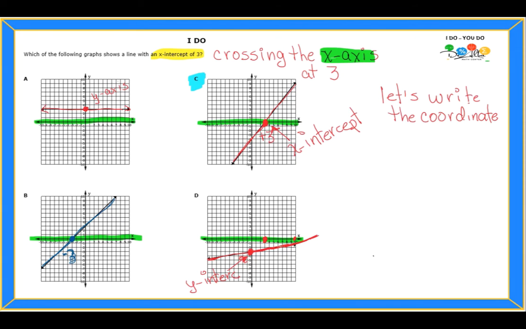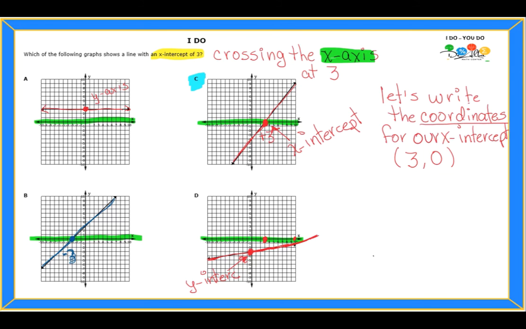Let's write the coordinates for our x-intercept for this problem. We agreed earlier that the x-intercept was 3, but I want you to write it down with the coordinates. If you look at the point that we found earlier, that point is actually (3, 0).